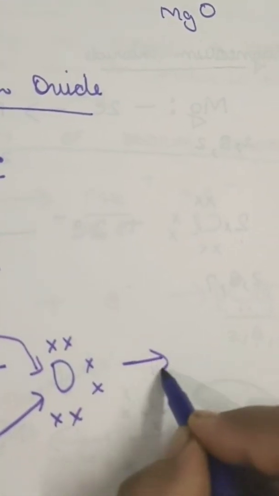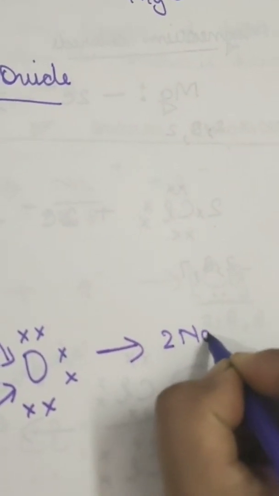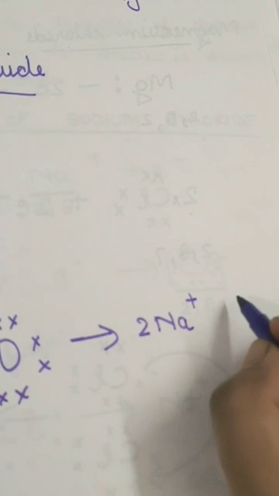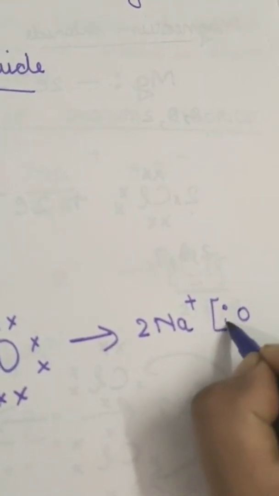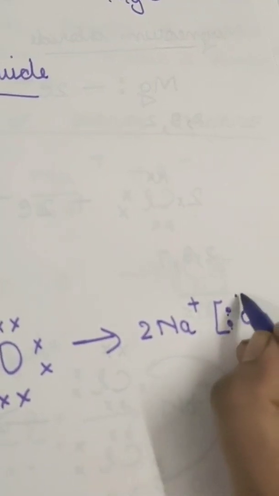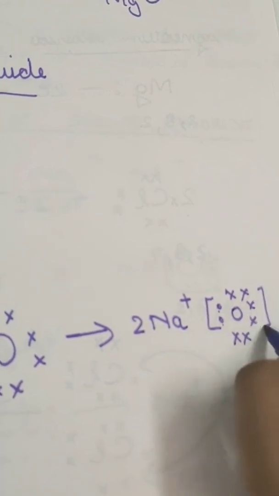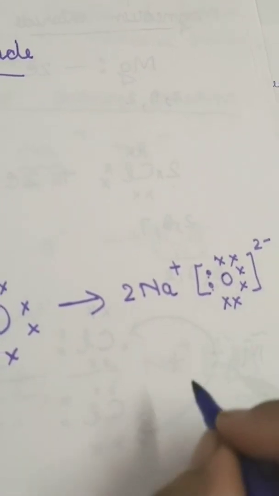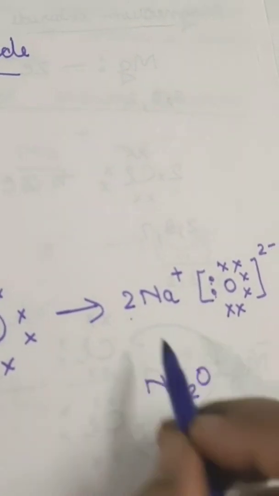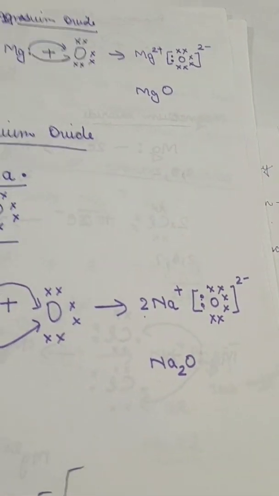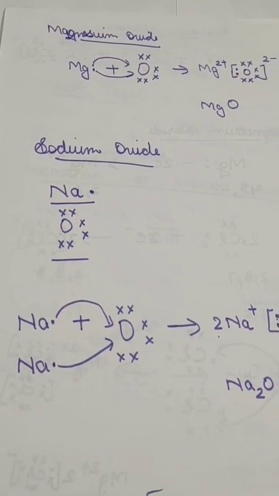So it will become 2 Na plus, and oxygen will be simple. Oxygen will become dot dot, from 1 Na and from 1 Na here. I hope it's clear to you people. If you have any doubts, you can ask me. So we will be like this, Na2O, because it's 2 here, so it will be Na2O. This is how we write. Okay, so this is the formation of ionic compounds.